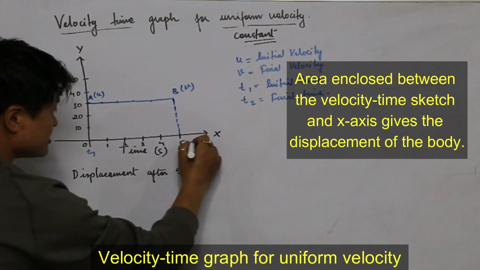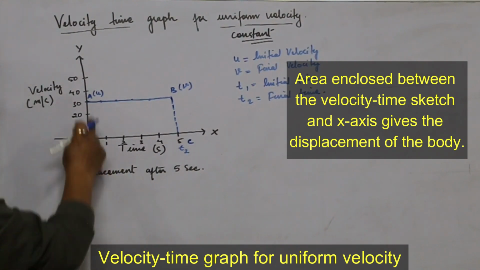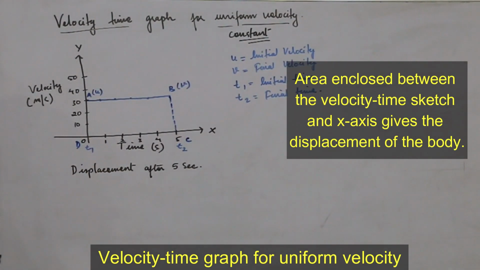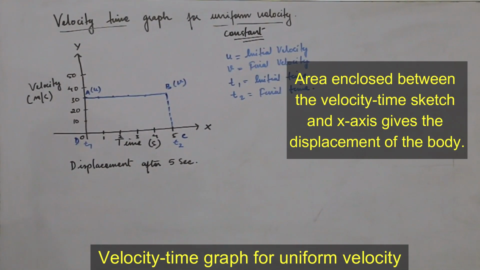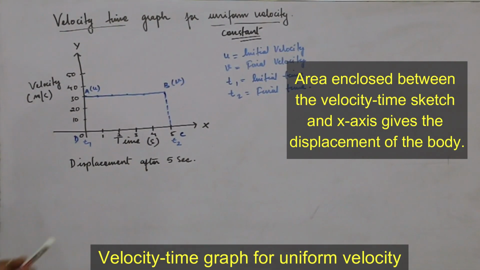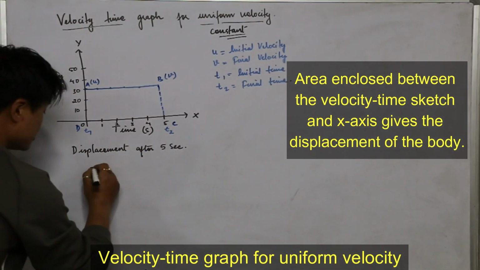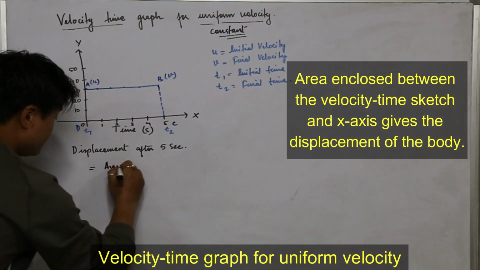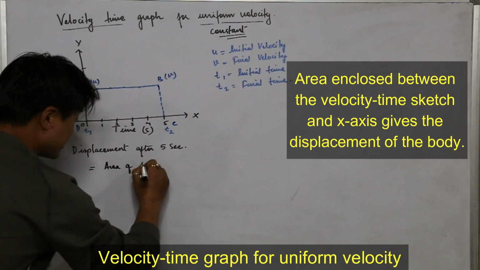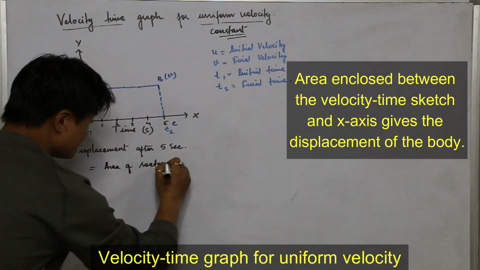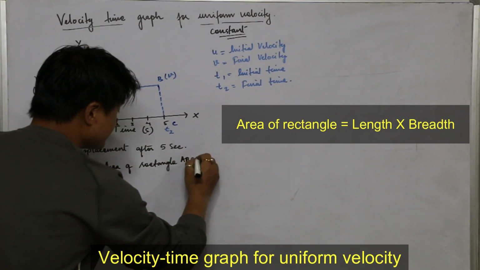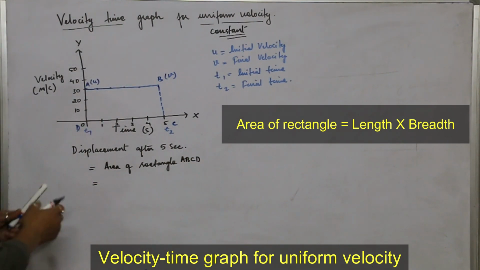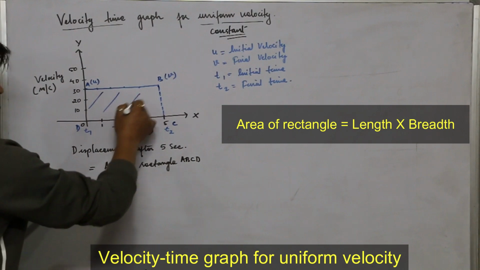A, B, this we consider C and this we consider D. A, B, C, D is a rectangle. Now by finding the area of the rectangle, we can easily find the displacement after 5 seconds. It is equal to the area of rectangle A, B, C, D, the area enclosed between these points.